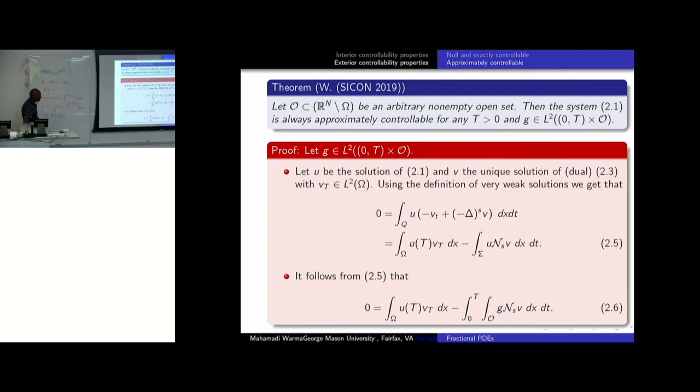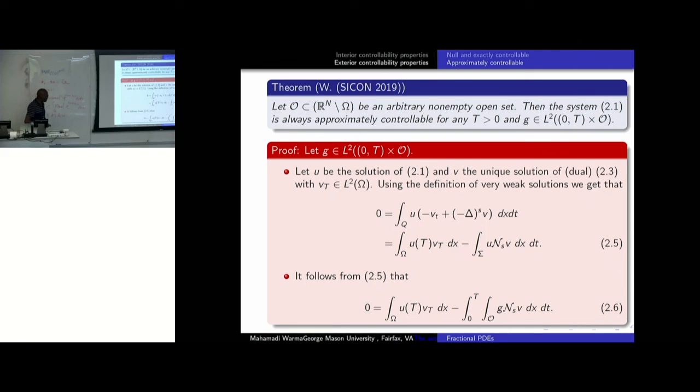Then the proof, like before, you just have to make the right integration by parts. You take the solution of your equation and V the solution of the adjoint equation that is really smooth. Using the definition of very weak solution, you get exactly this expression.